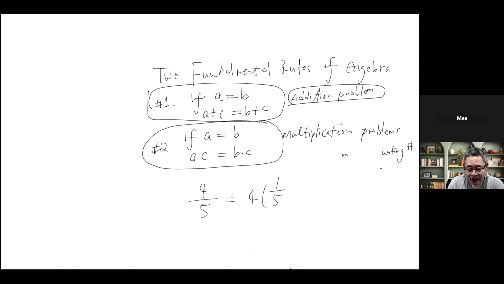So therefore, the multiplication property is not a problem. The addition property and multiplication property, they are both properties. The addition property can cover subtraction. The multiplication property can cover division.